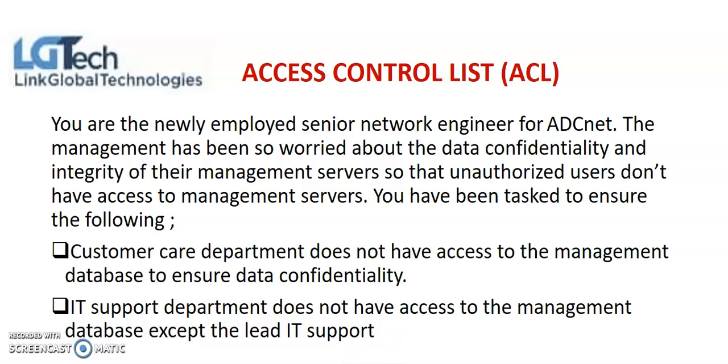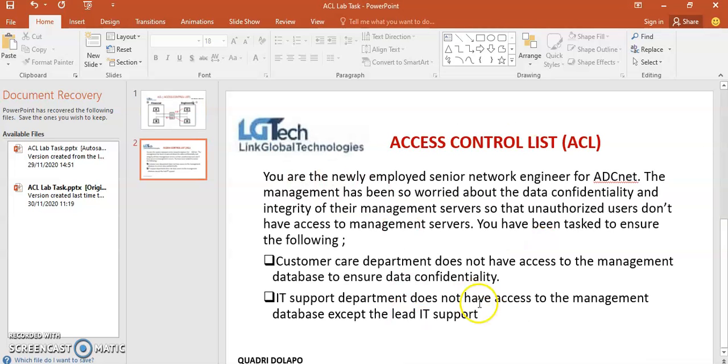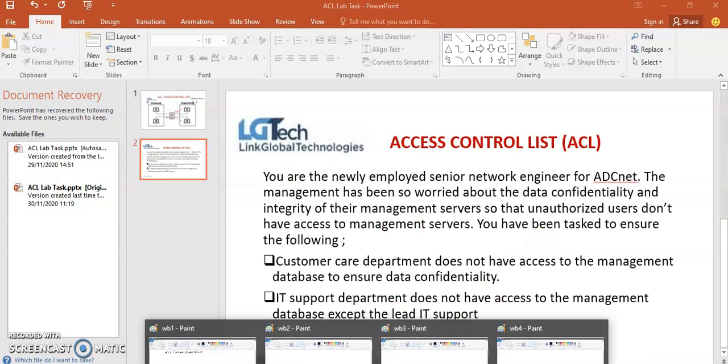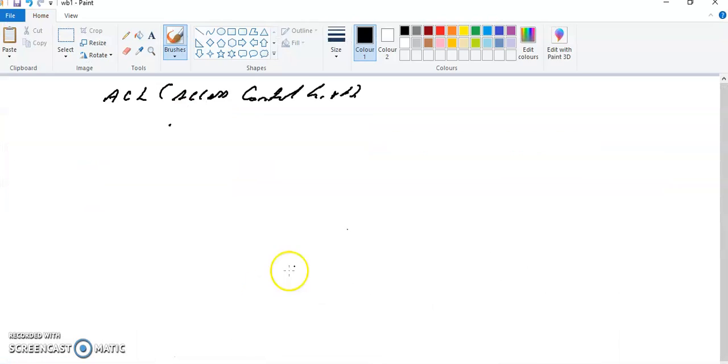Let me explain the types of access control list that we have. There are two types: the standard access control list and the extended access control list.